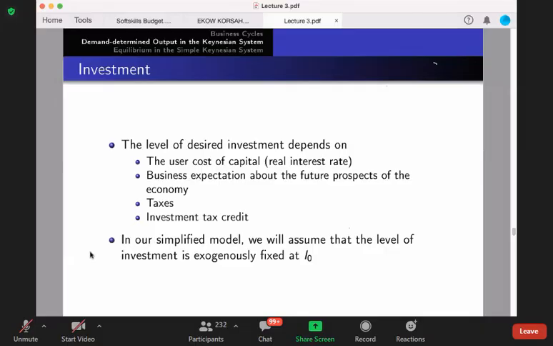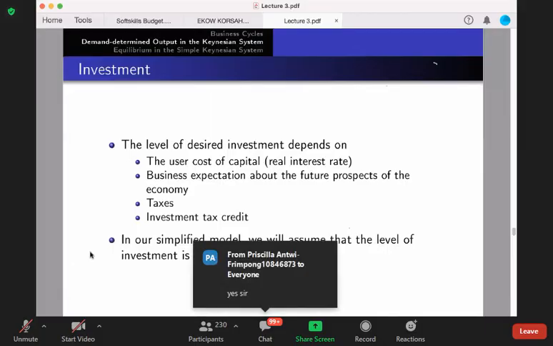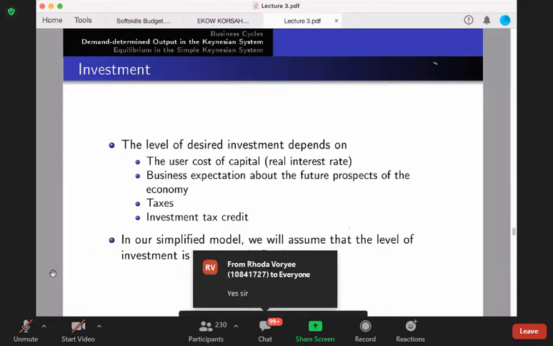We'll say that I naught is equal to 500, and that is it. Is that clear?